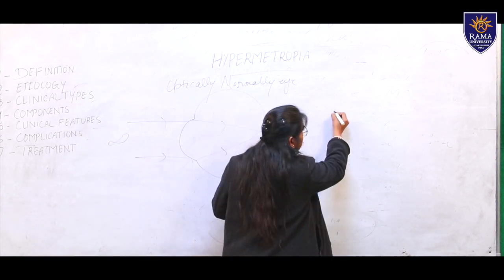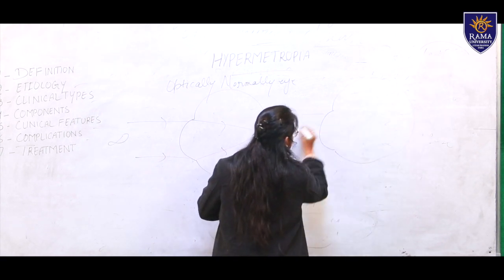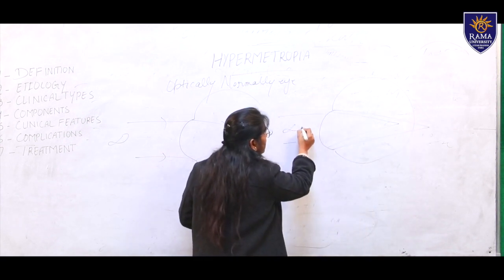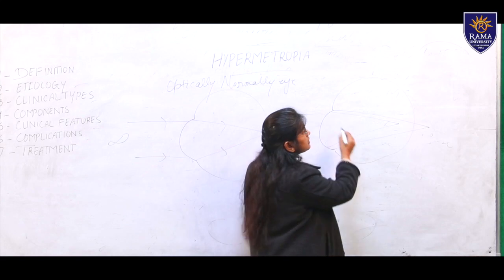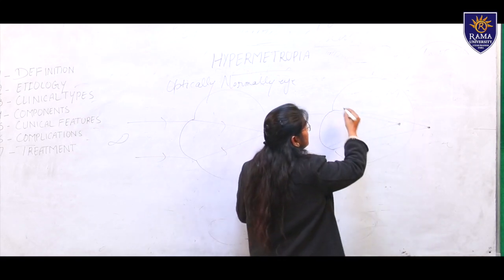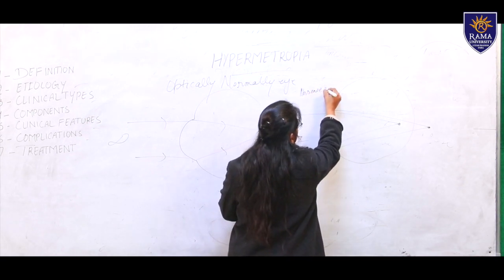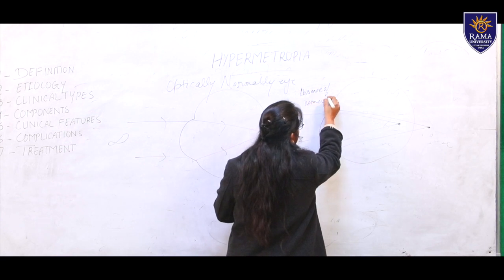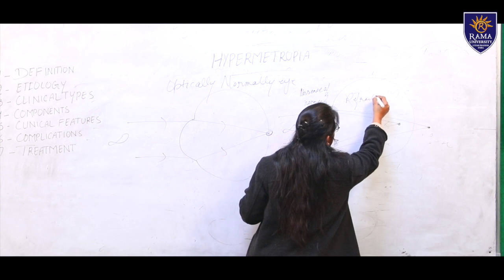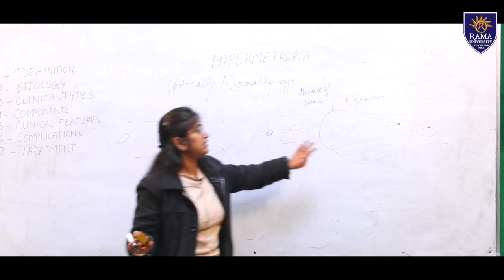And ametropia: parallel rays of light coming from infinity are focused in front of the retina or behind the retina. This is absence of a normal eye, and this is refractive error in the eye. This is emmetropia and this is ametropia.